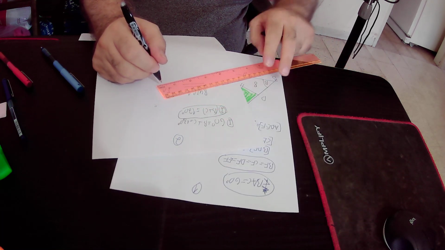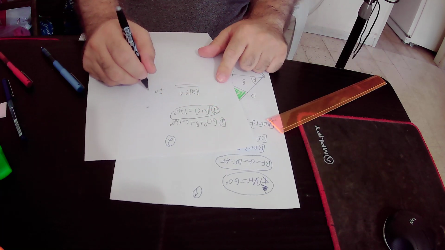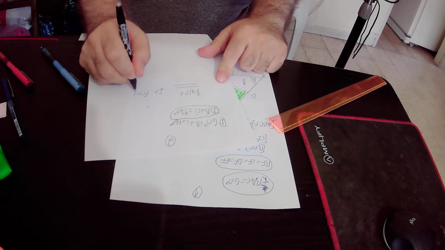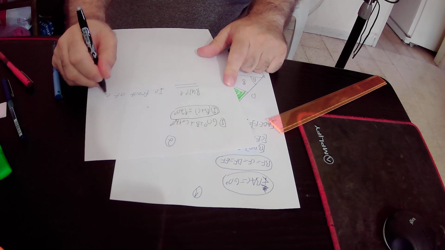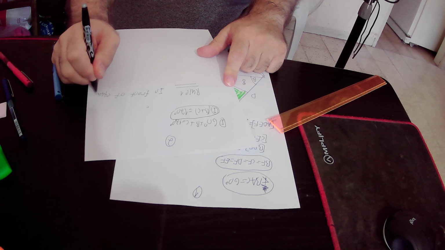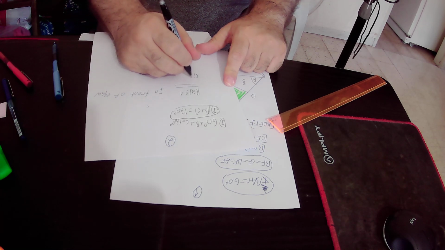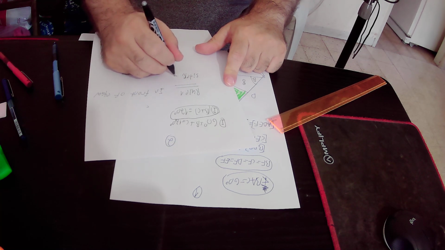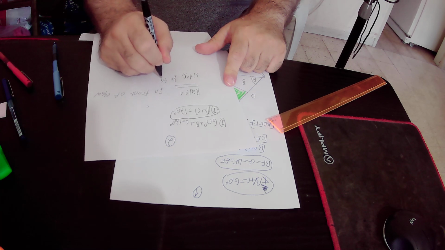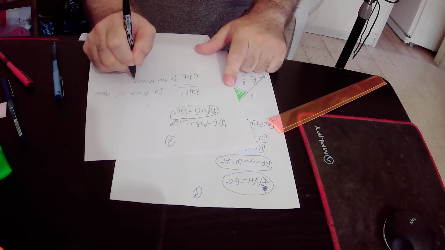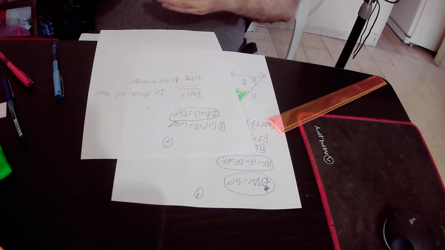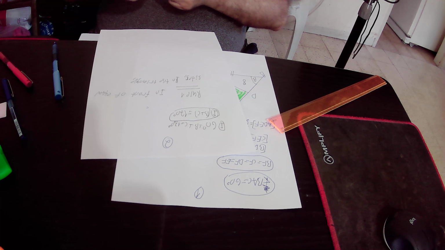In front of equal sides in the triangle there are equal angles.